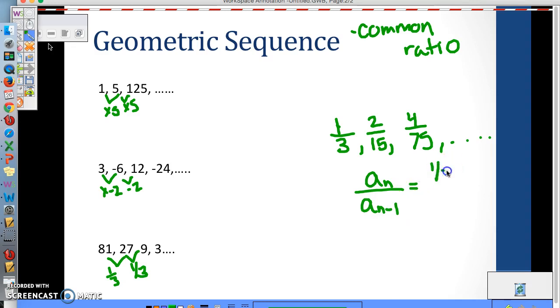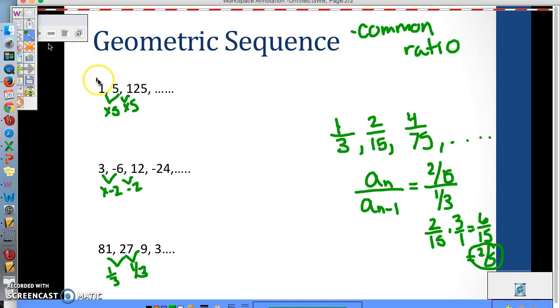So we could take 1/3 divided by 2/15, or excuse me, I have that backwards here. Our term, that's not the one before, so we'd have 2/15 divided by 1/3, and to divide fractions we multiply by the reciprocal, times 3 over 1. So we have 6/15, which reduces down to 2/5.